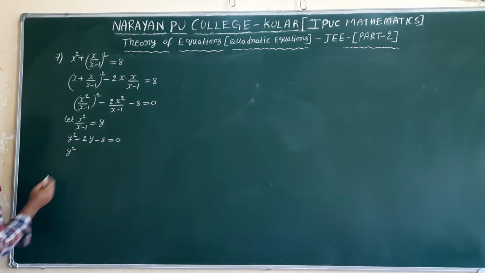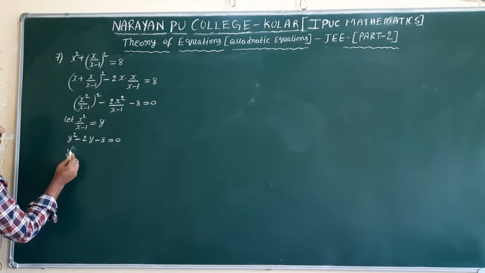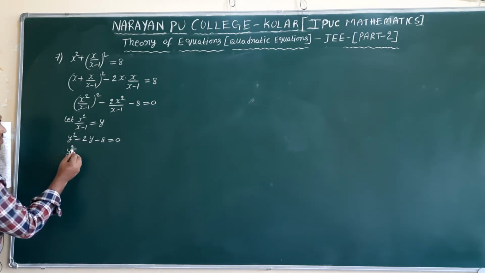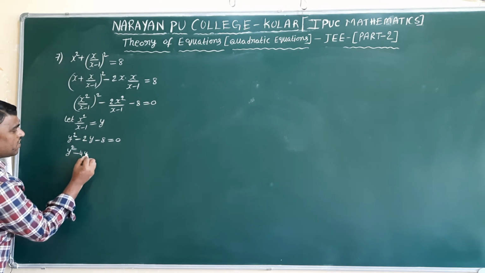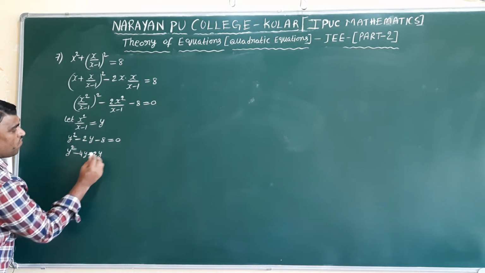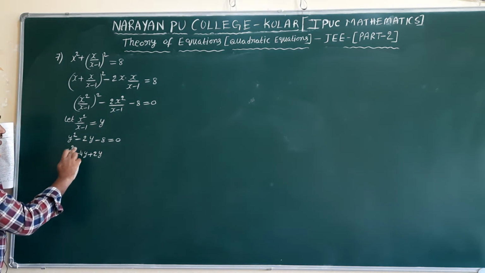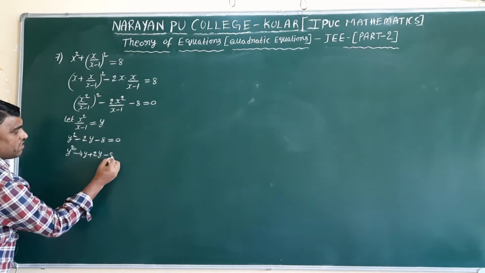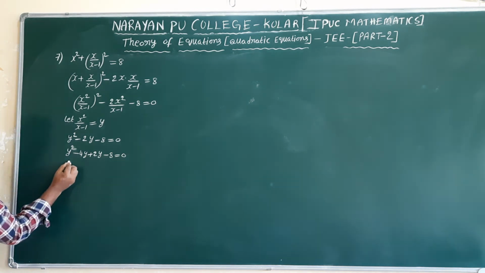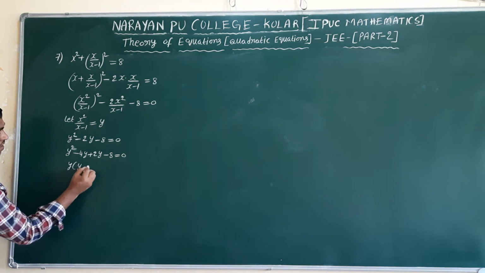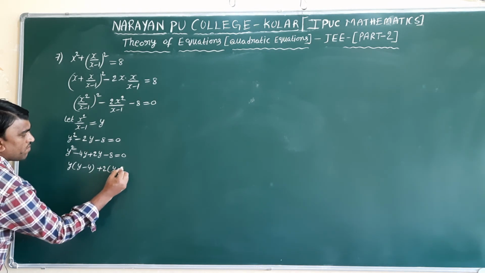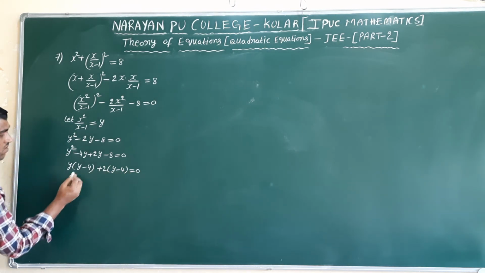y square, factor you can do it: y square minus 4y plus 2y. While adding, this gives minus 2y, and while multiplying, the extreme product is minus 8, equal to 0. y take common, y into y minus 4, 2 take common, y minus 4 is equal to 0.